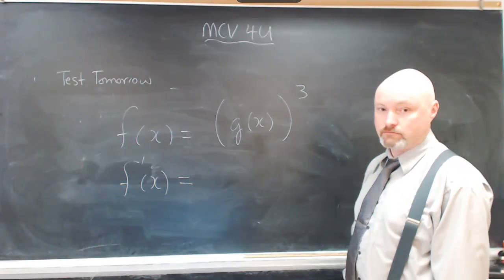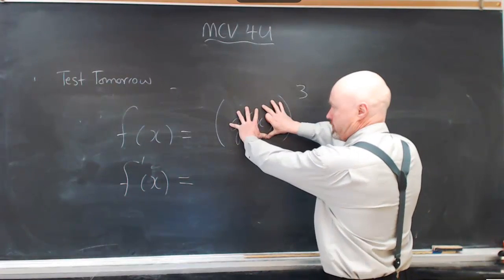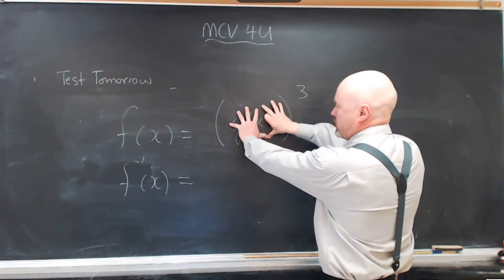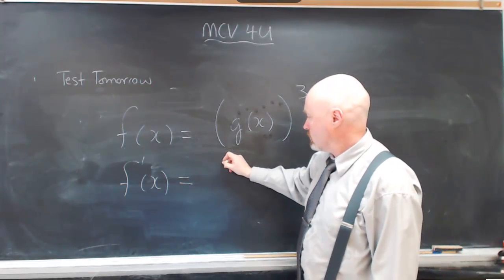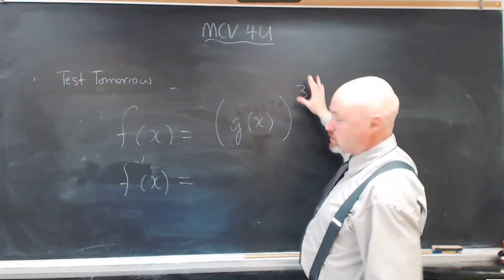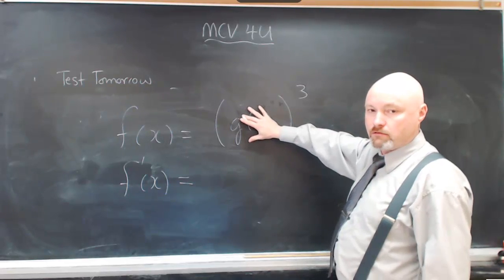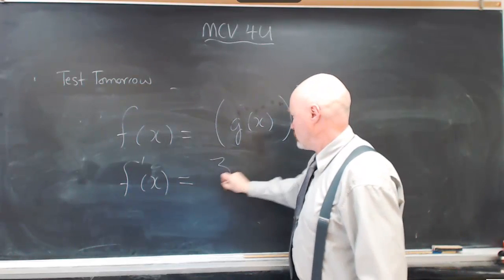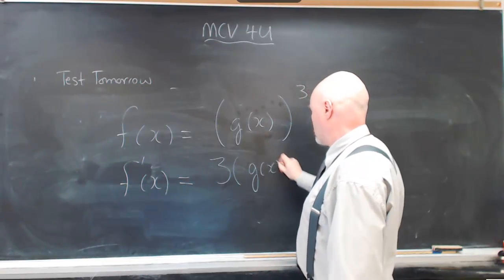All right. Any ideas? Just doing the derivative like that, Luke, what does it become? Isn't it just like inside? Yeah, if we just do the derivative of the outside function first. 3 brackets g of x to the power 2.